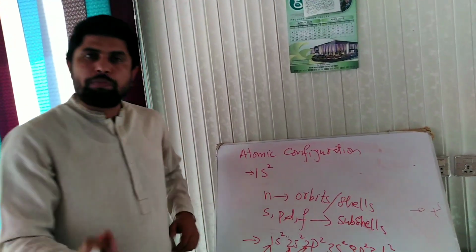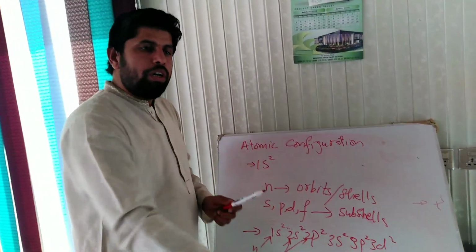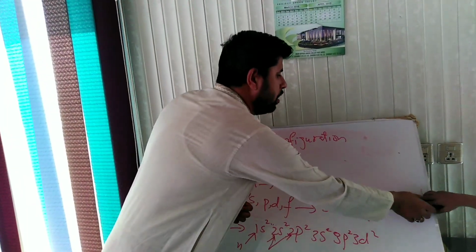Next, group 3 and group 4 elements represent the semiconductor elements.